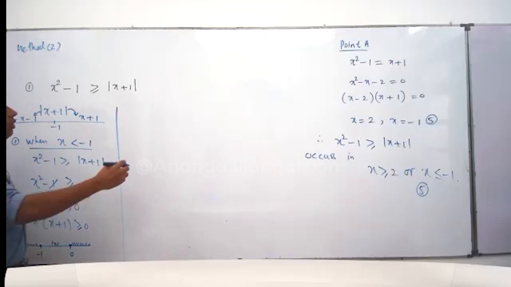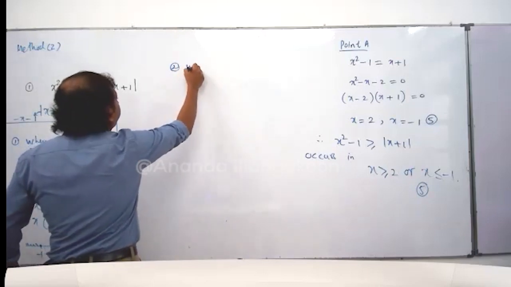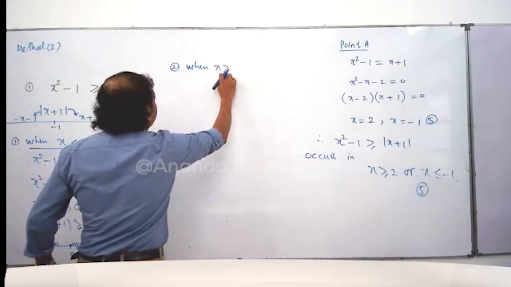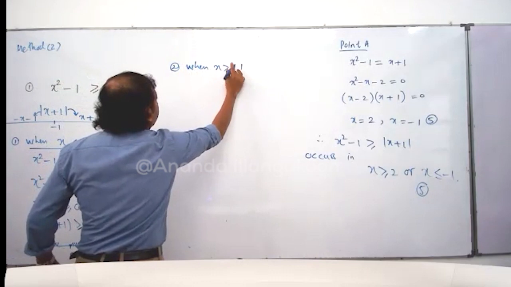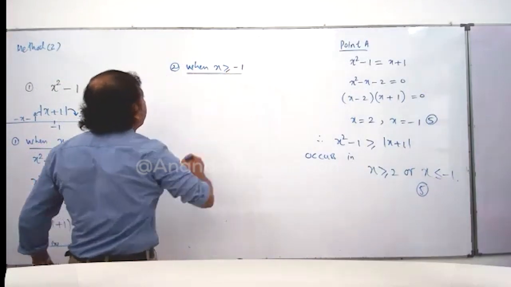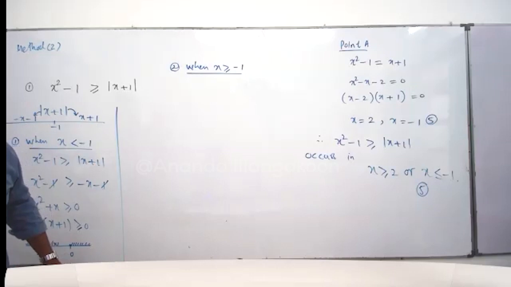So what is the second interval? The second interval is when x is greater than or equal to minus 1. Now in this interval also, you have to work out the same question. Now take that, people, and work out that part.